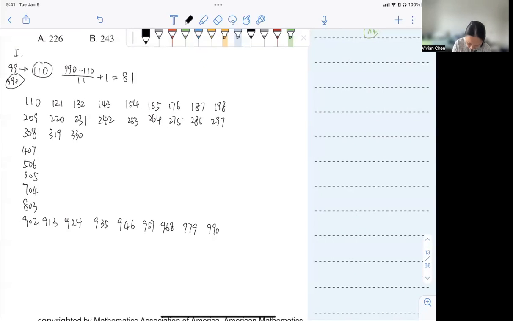So these are all the numbers here. And you also realize something, that you have 110, 220, 330. Of course, these are 10 times 11, 20 times 11, 30 times 11. So you can write out this diagonal, which is also quite quick.